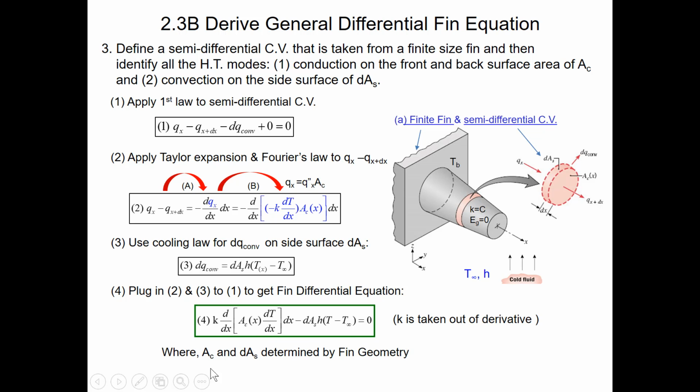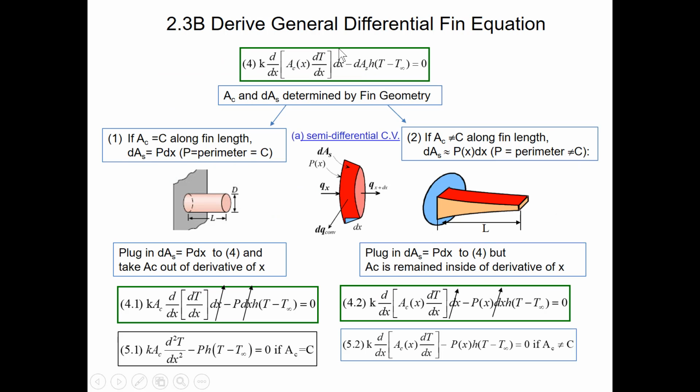By checking, it is noticed that the cross-section area A_C and side surface area dA_S will be determined by the fin geometries. Now we have the general differential fin equation for this semi-differential control volume.